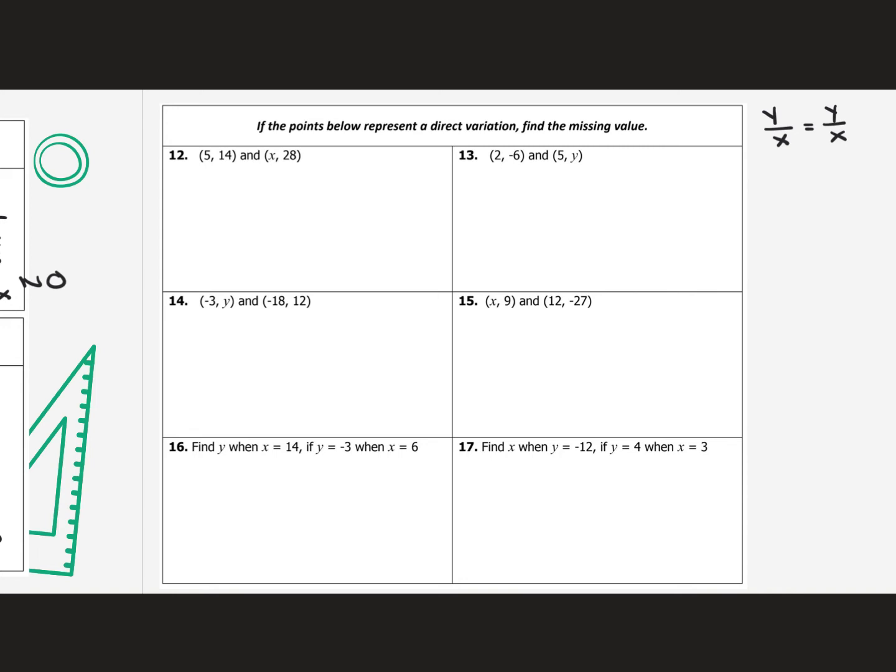So looking here, I have my y value of 28 over the x value that we're looking for, and 14 over 5. So remember, when we solve proportions, we just simply cross multiply, or some people call it the butterfly method. So I'm going to multiply 14 times x, and then 28 times 5.